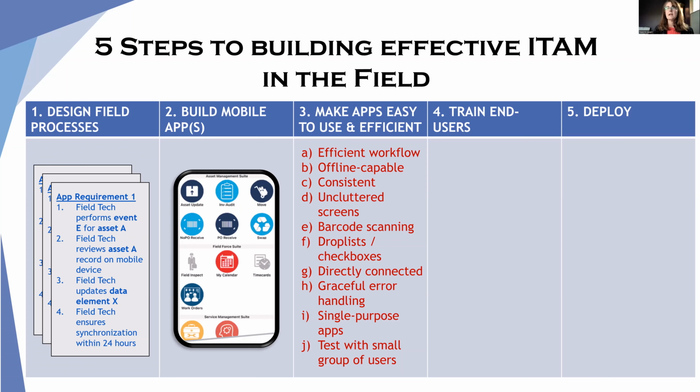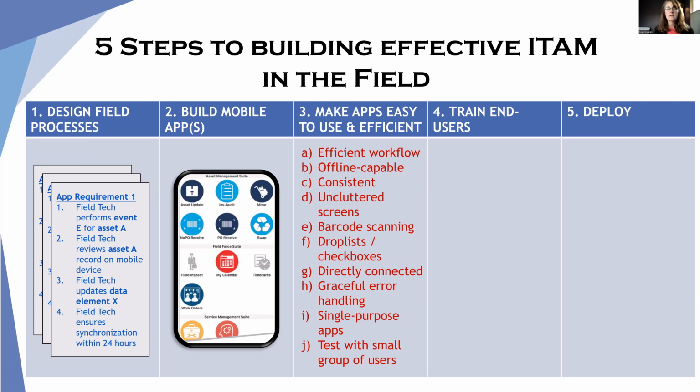kinds of things. And then the other piece is efficiency. So you want to enable your users to do their job in as few clicks as possible. So you want very efficient workflow. You want offline capable applications, so that if network connectivity is lost, the user isn't sitting there going, now what do I do?